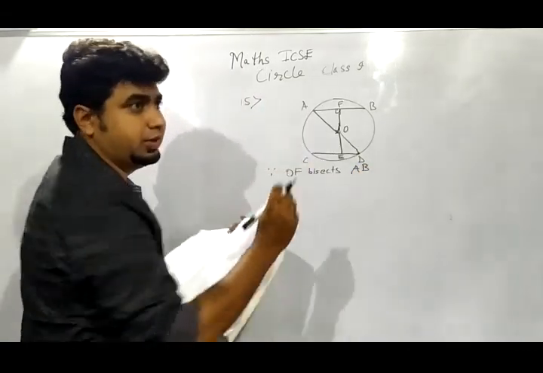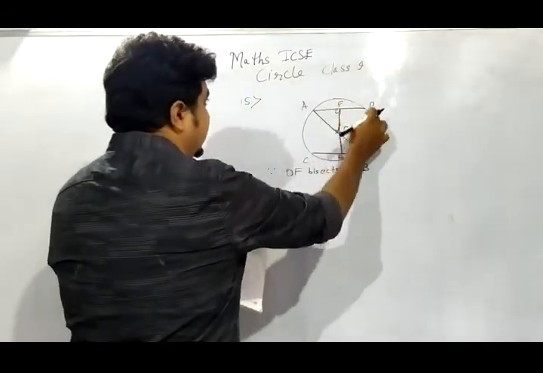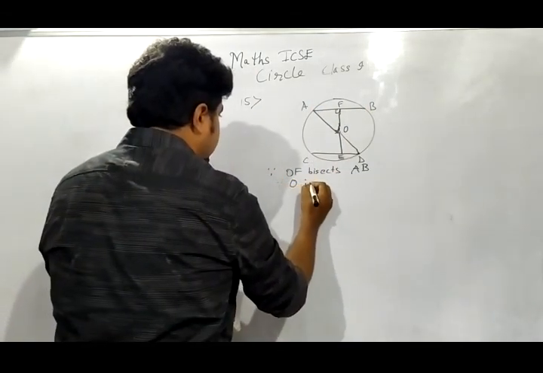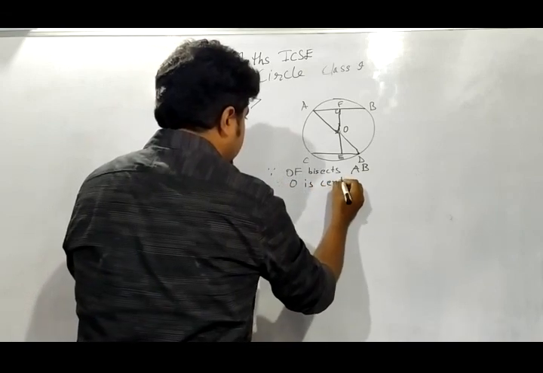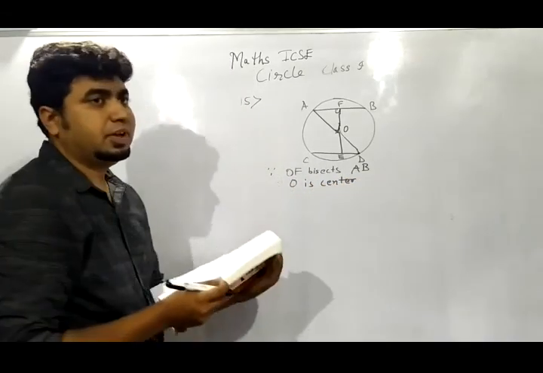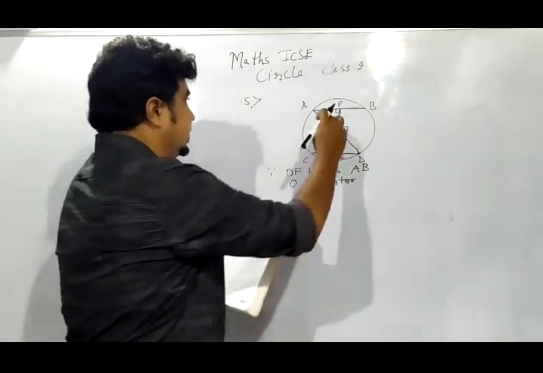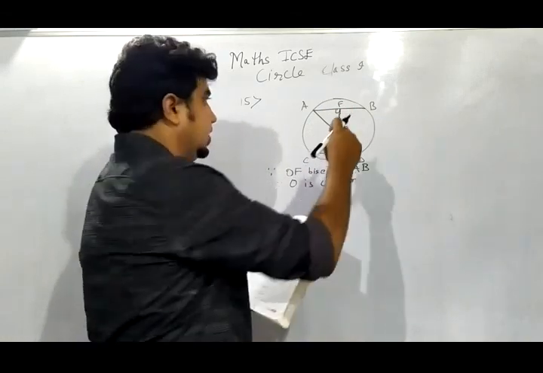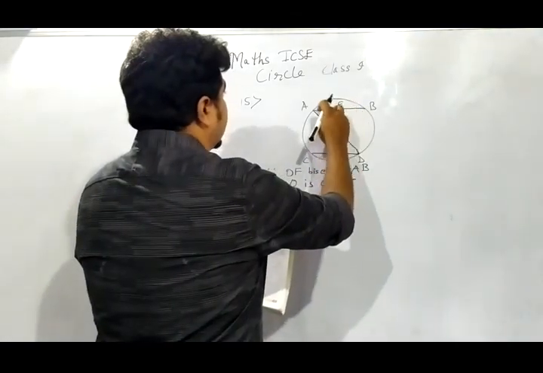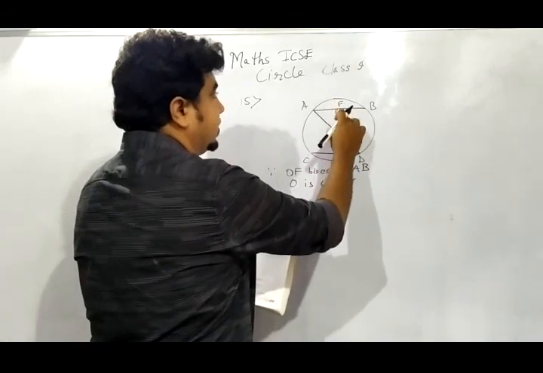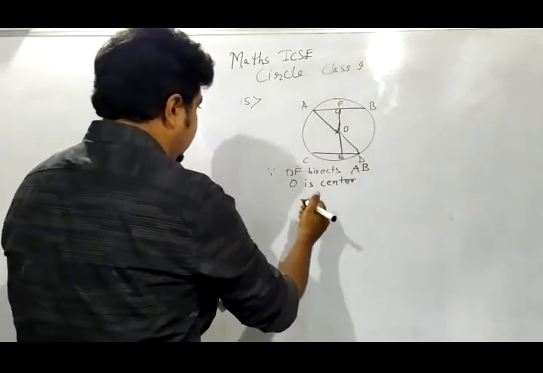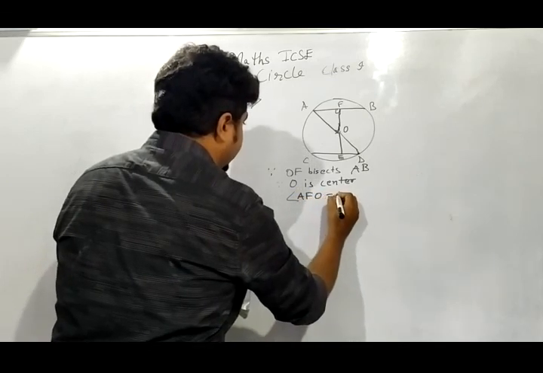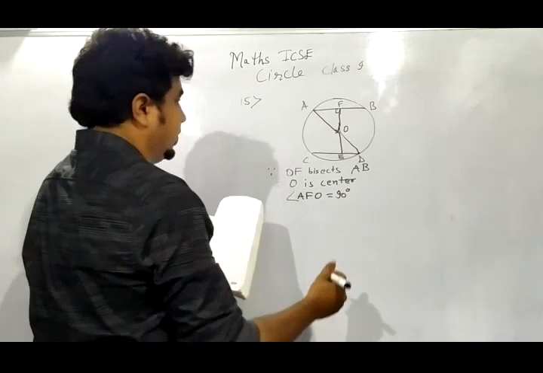Because F is the midpoint, so OF will be bisecting AB, and since O is the center, by theorem we can say that angle AFO will be 90 degree, because if a line passing through the center bisects the chord, it is perpendicular to the chord. This implies angle AFO will be equal to 90 degree.